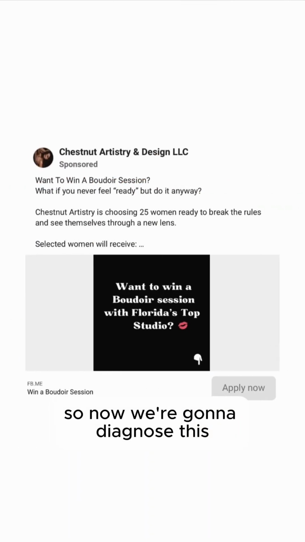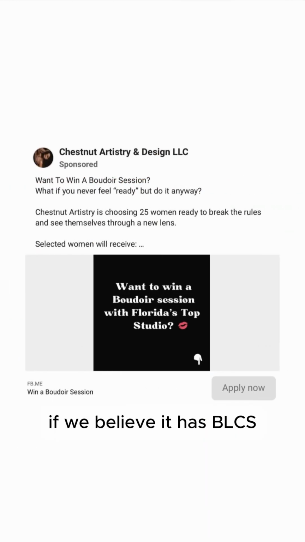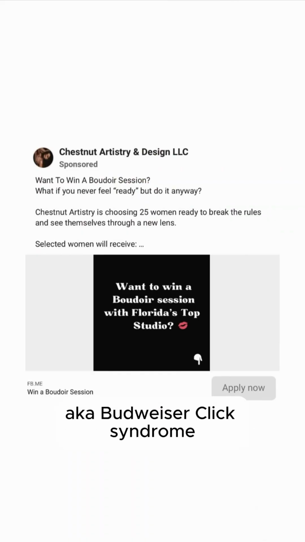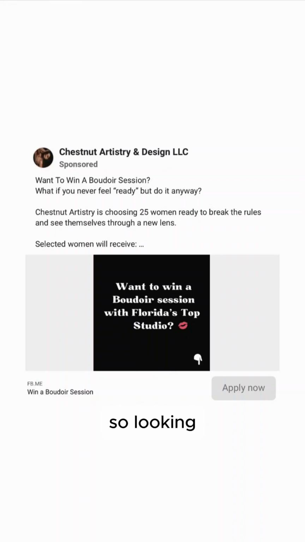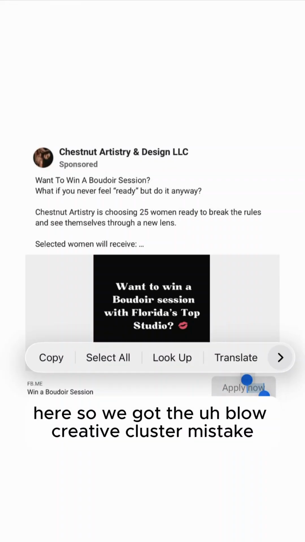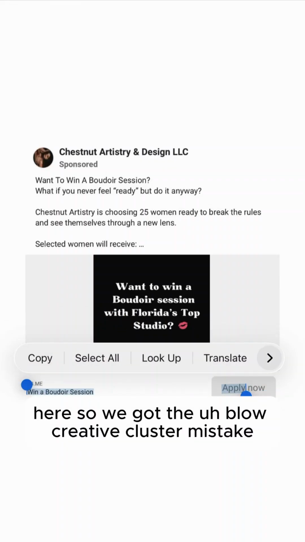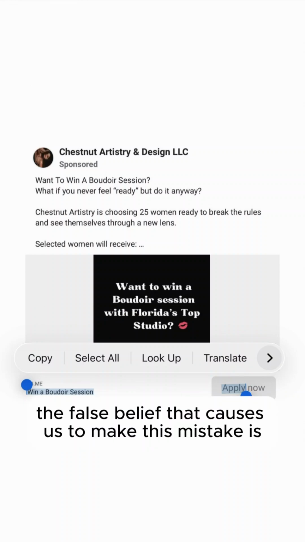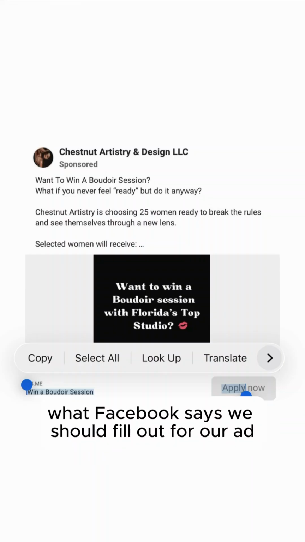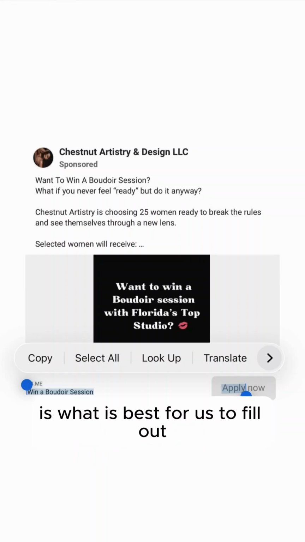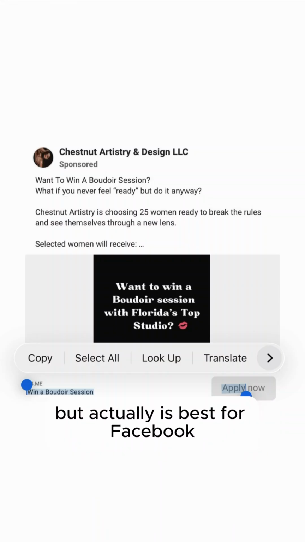Now we're going to diagnose this, if we believe it has BLCS, aka Boudoir low click syndrome. So looking here, we've got the below creative cluster mistake. The false belief that causes us to make this mistake is we're trusting what Facebook says we should fill out for our ad is what is best for us, but actually it is best for Facebook.